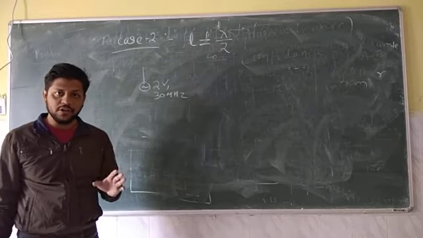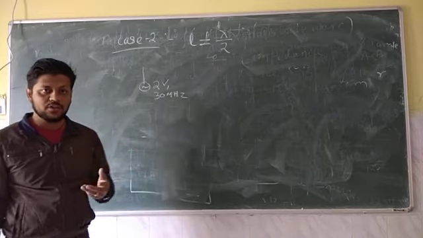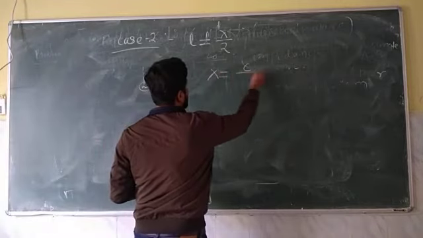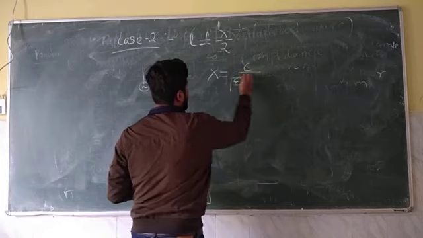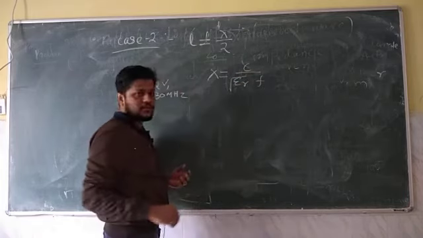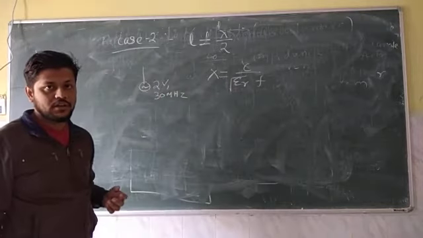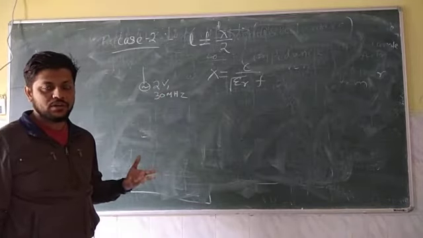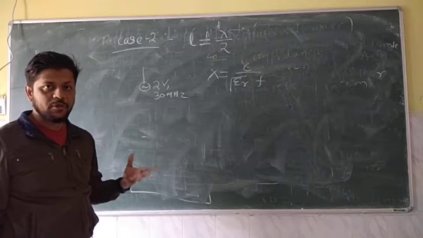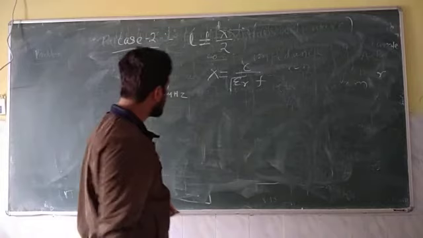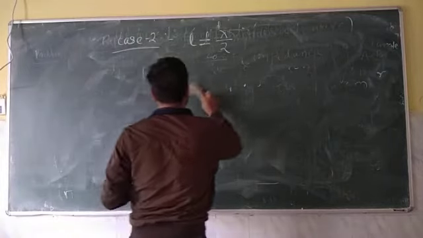For any other medium, lambda is equal to C by root epsilon r into F, where epsilon r is the dielectric constant. It is always given when the material is some coaxial cable or some dielectric material.